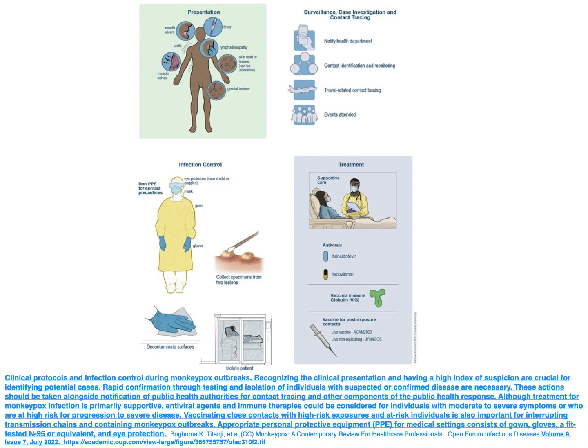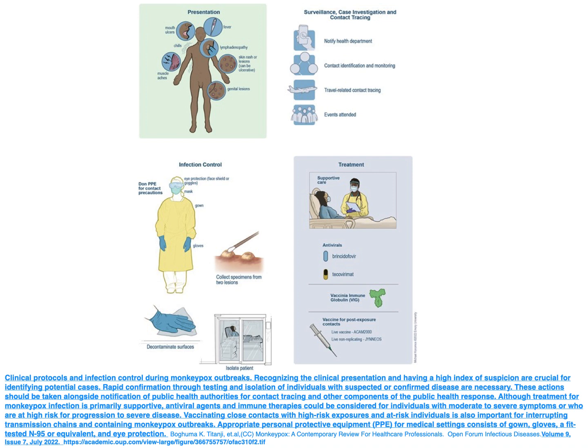Clinical protocols and infection control during monkeypox outbreaks. Recognizing the clinical presentation and having a high index of suspicion are crucial for identifying potential cases. Rapid confirmation through testing and isolation of individuals with suspected or confirmed disease are necessary. These actions should be taken alongside notification of public health authorities for contact tracing and other components of the public health response.